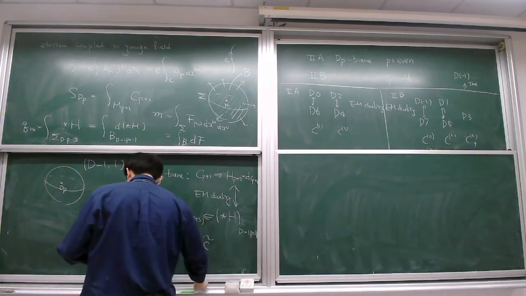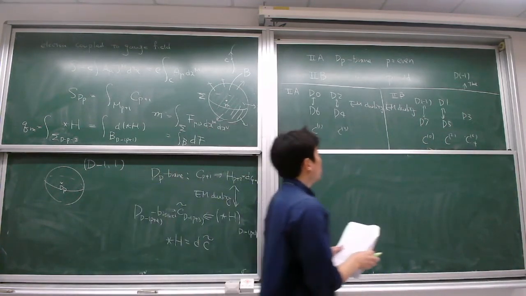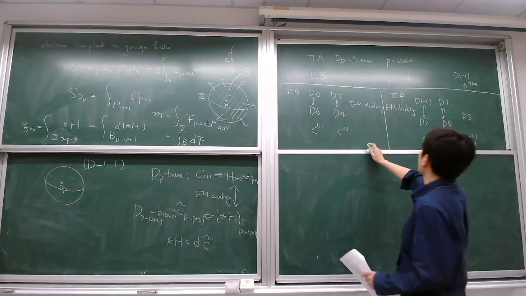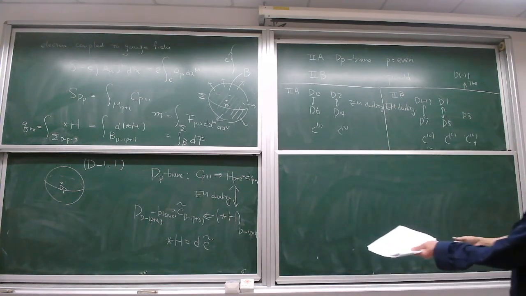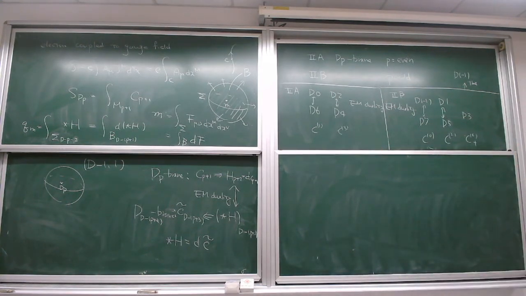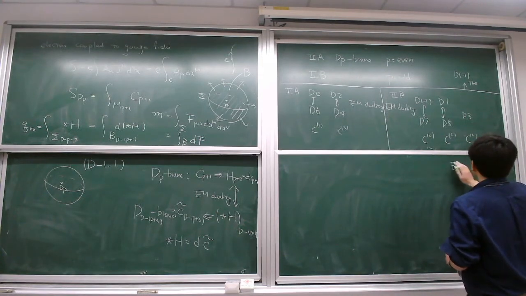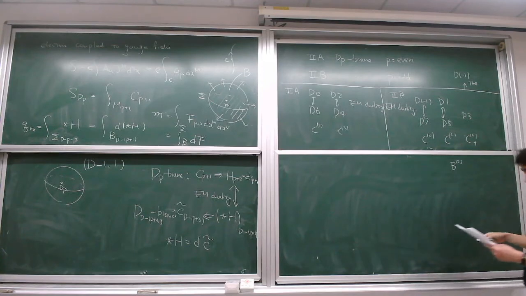One remark is that this B field is coupled. You can consider a similar thing, B2, in type 2 string.